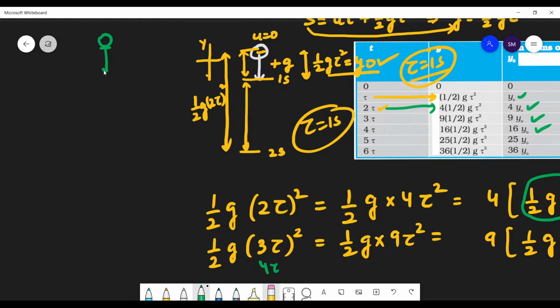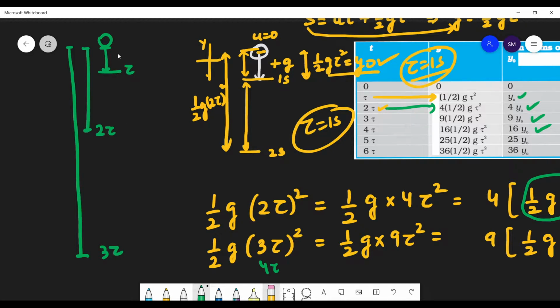This object is falling. This much time is tau. This is the distance traveled in 2 tau. This will be the distance traveled in 3 tau.